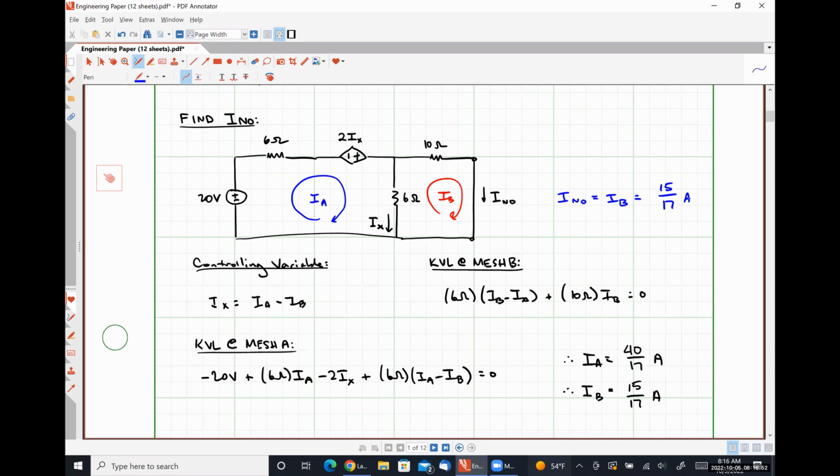All right, so this is fairly straightforward. We found the Thevenin voltage by finding the voltage drop across our open circuited terminals. We found the Norton current by finding the current that flows through our short circuit terminals. Now we need to find our Thevenin resistance.